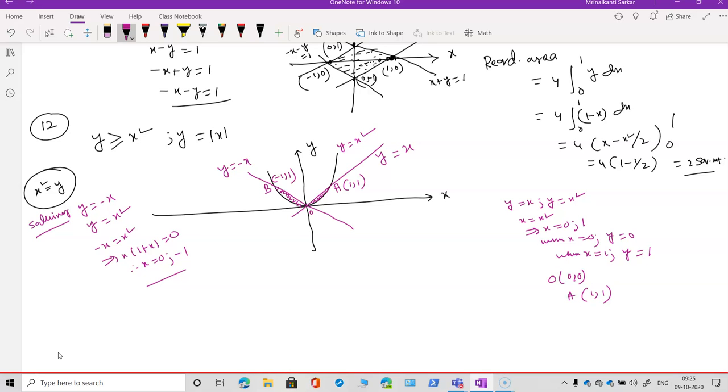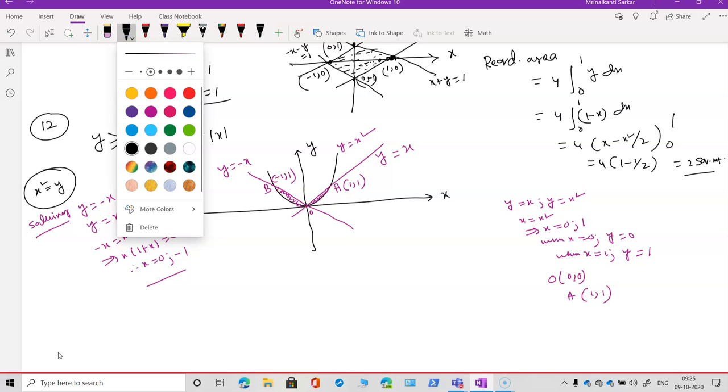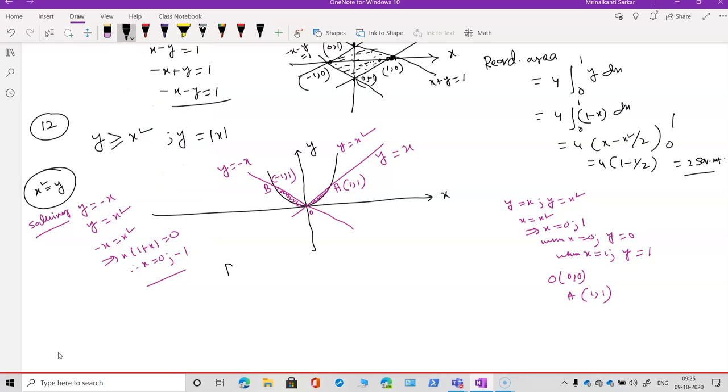The graph is symmetric. We'll find the area in the first quadrant and then we'll multiply the result by 2. So the required area is going to be the integral from 0 to 1 of the straight line y dx minus the parabola y dx, whole dx.